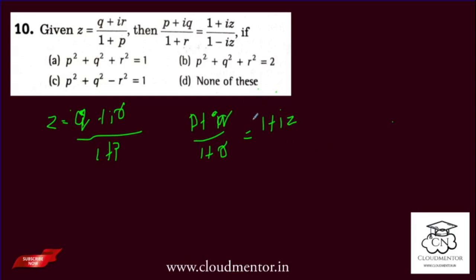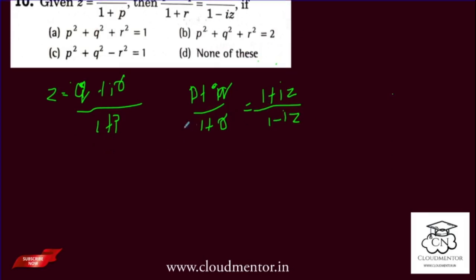Okay, done. 1 plus iz by 1 minus iz. Okay, it is given here. So I am going to substitute the value of z here directly and simplify to get which of the results is true.